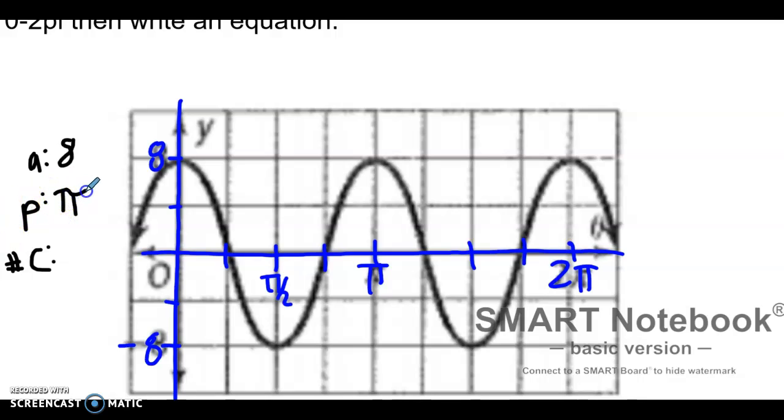And the number of cycles is 2. So now we could write our equation, because A and B are going to be the same as when we were doing the sine functions. It's just that this time we write cosine of 2x or 2 theta.